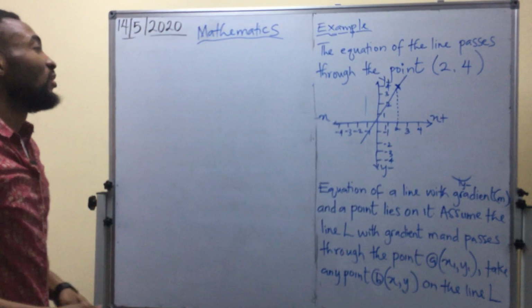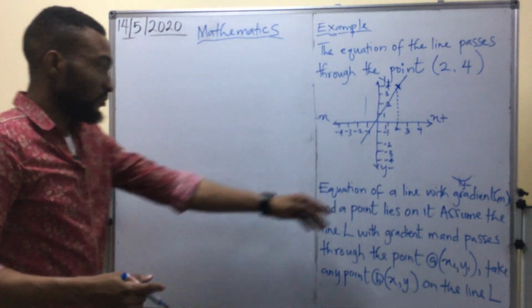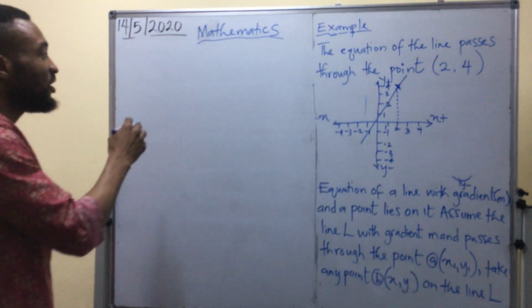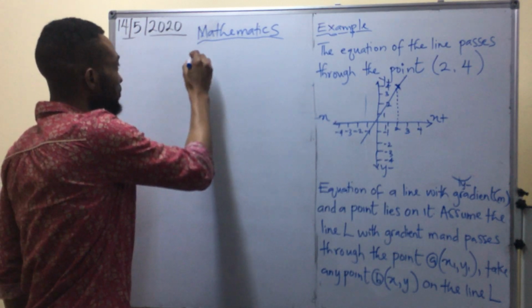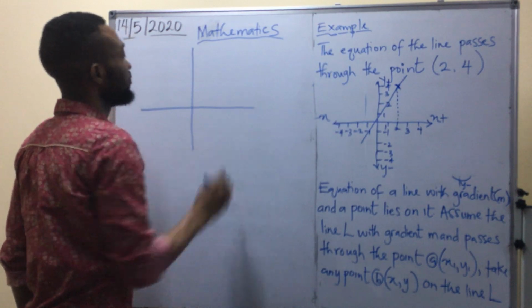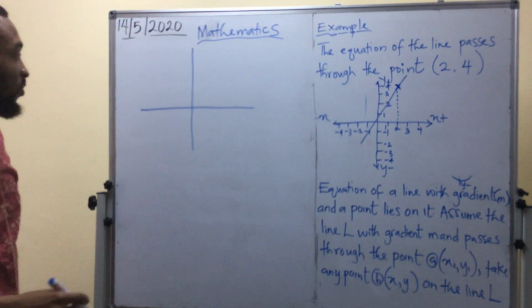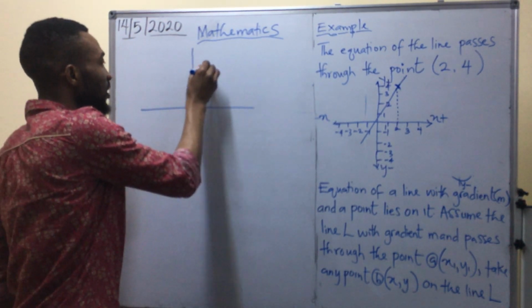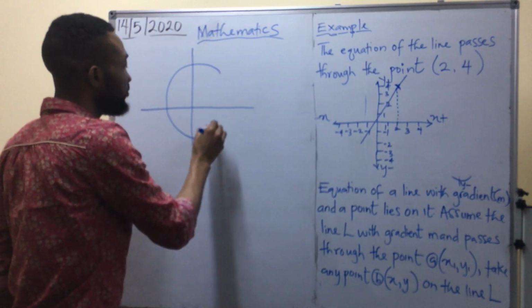Good. Now, as I was saying, according to the Cartesian plane, we have something like this. This is the Cartesian plane. Then we take our movement like this.